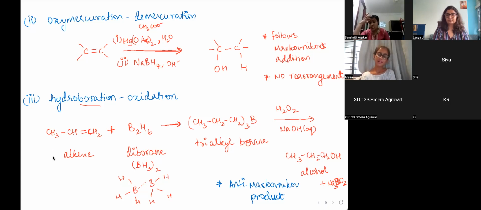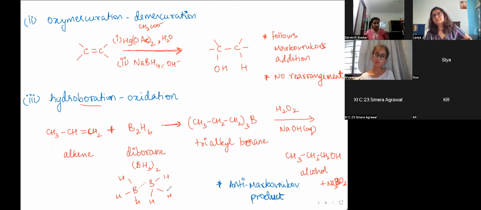Miss, what is the valency of boron? Boron is +3, but it is electron deficient. It acts as a Lewis acid. That's why this behaves the way it does.